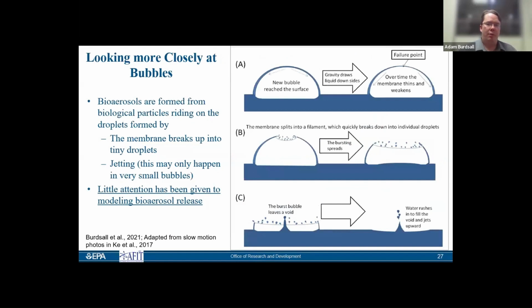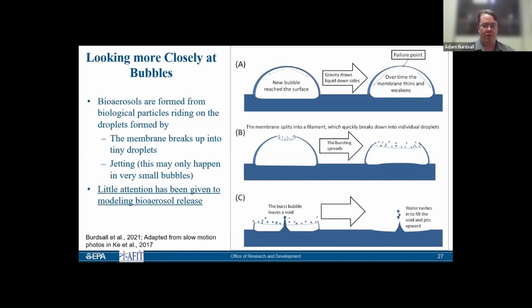Since bubbles are the primary method of bioaerosol release that we're discussing in this presentation, it's worth taking a little bit of a closer look at how the aerosols are generally emitted from them. As a bubble travels up toward the surface of the water, it collects organisms and parts of organisms where the air bubble meets that water. When it reaches the surface, the organisms are either in the membrane on top of the bubble or are in the liquid just underneath it.